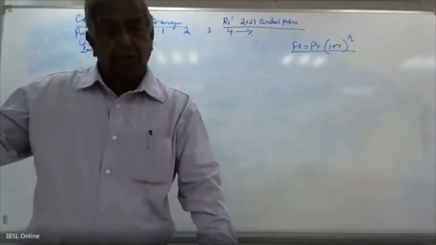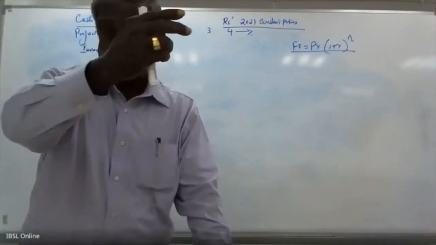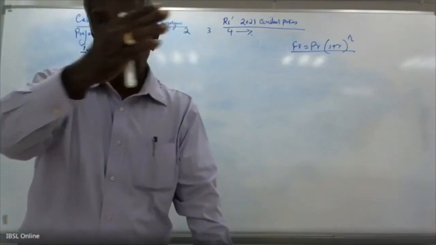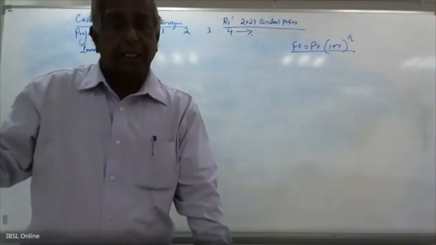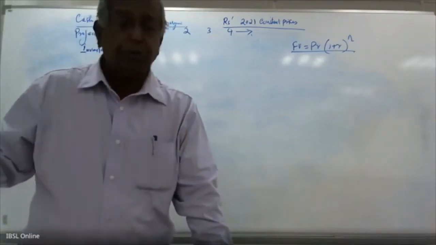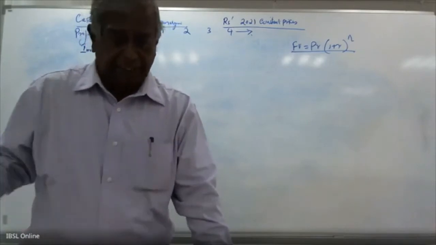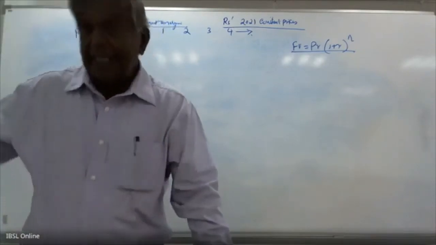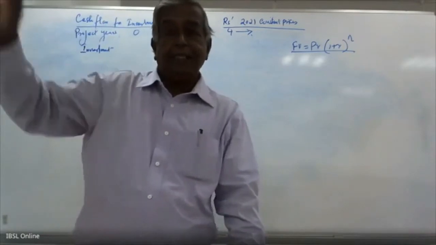In the normal cash flow of the financial statement, you take all the items, income items, sale values, and various other values, and the expenditures, raw material, power and fuel, other utilities, labor, and take the net cash flow over a period.